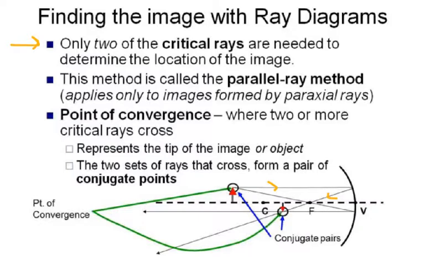I'm going to put this in green right now. This is not a point where we would have the image, because this second ray that goes through the focus, that is a light ray going from the object to the mirror, right here. And this light ray is going from the mirror out. So we'll ignore those.